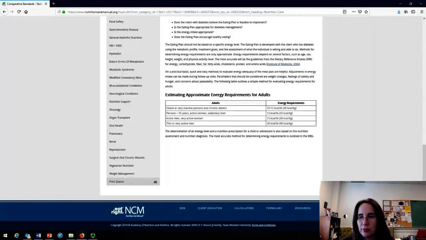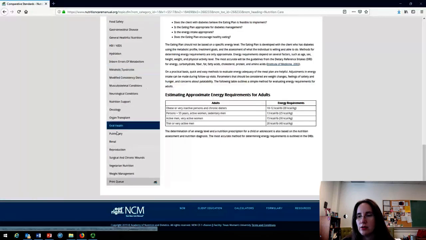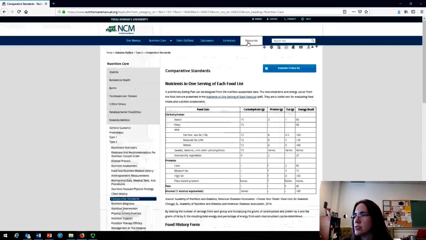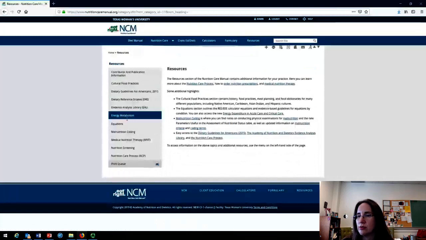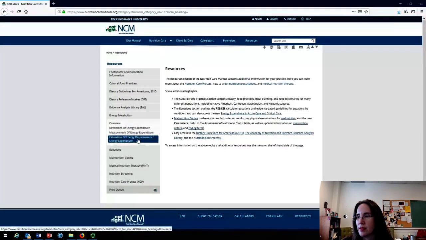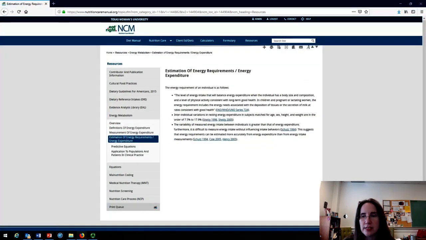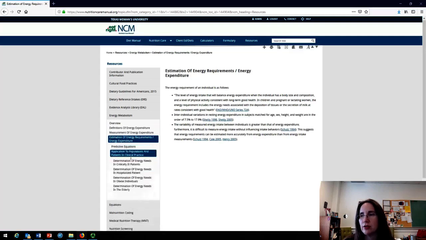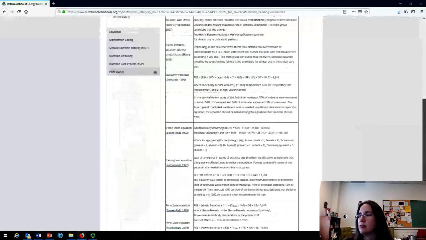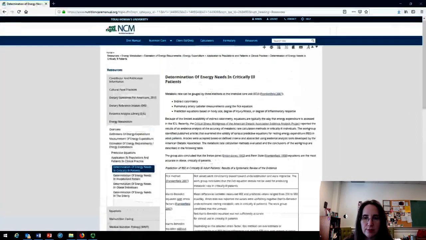You also, as an alternative, could go to the Nutrition Care Manual, and you could choose under resources, you could go to energy metabolism, and then under energy metabolism, you could go to estimation of energy requirements, and then under estimation of energy requirements, you could go to applications of populations of interest, and there you might choose, for example, determination of needs in the critically ill, and you can read about the relative benefits of those methods.